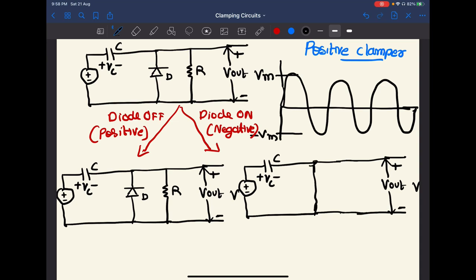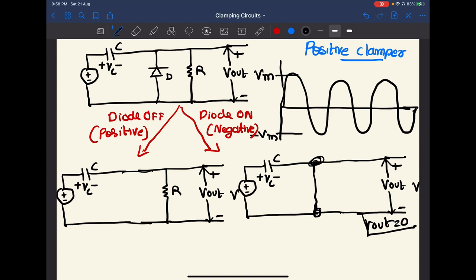Since these two points are at the same potential, V output will be 0. Please keep this in mind. And for the diode off condition, that is during the positive cycle, the diode is open circuited. We can remove this diode, which means this circuit.